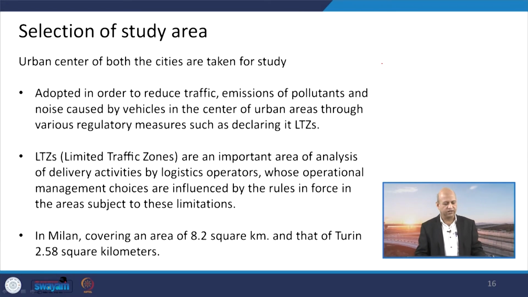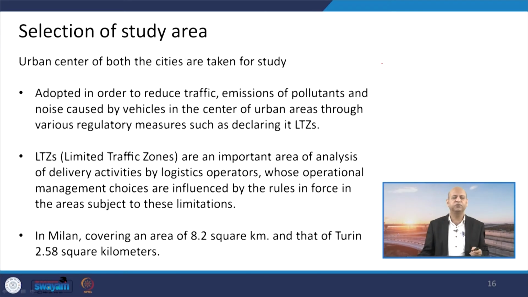So, how to select that? There are ways, like identifying the hot spots where you need to reduce the traffic flow, where you need to reduce the emissions to improve the air quality, or where noise is more, so you have to reduce the noise. You classify those important areas, maybe some hospitals, maybe some schools, maybe old age houses, institutional areas, or even residential areas nearer to a particular place.